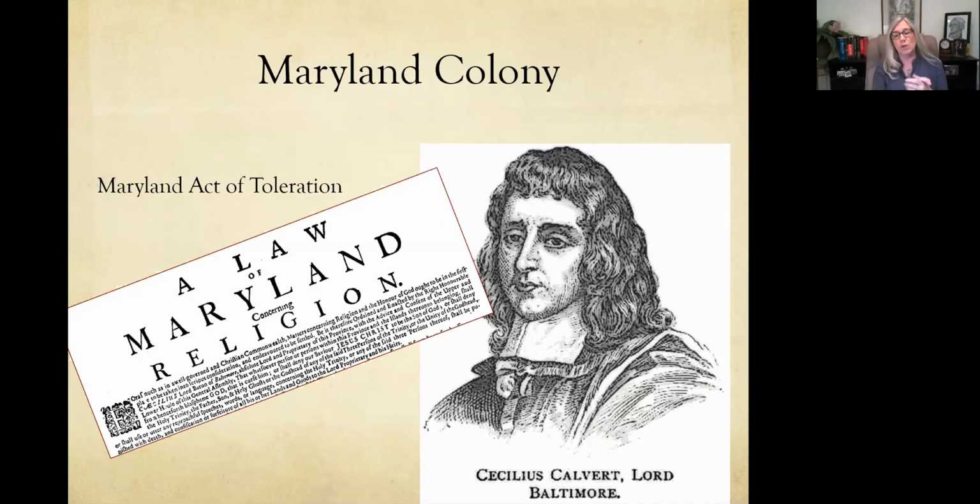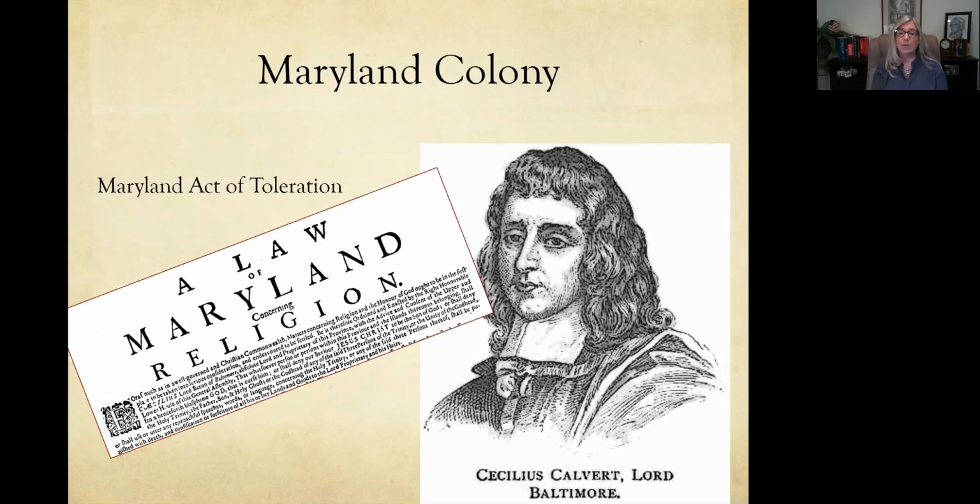So when Maryland was first created, the new king, who is secretly sympathetic to the Catholics, is going to give the colony to Cecilius Calvert. So here is Cecilius Calvert, and his title is the Lord Baltimore.